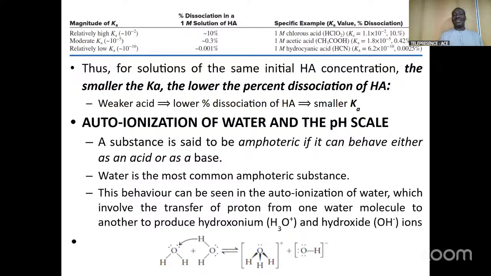Can you imagine that? Even with 10% dissociation, the Ka is in the neighborhood of 10 to the power of -2. I can see for chlorous acid, it's about 10% dissociated. If it's moderate, for example acetic acid, you have a Ka in the range of 10 to the power of -5, with about 0.33% dissociation. Then, of course, if it's extremely low, like in HCN, hydrocyanic acid.